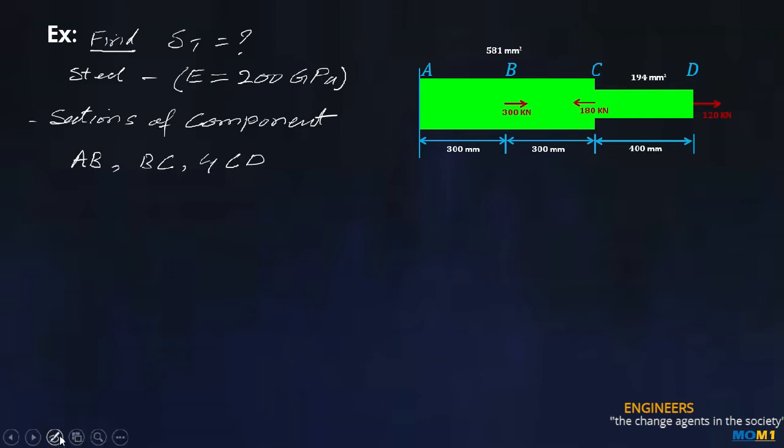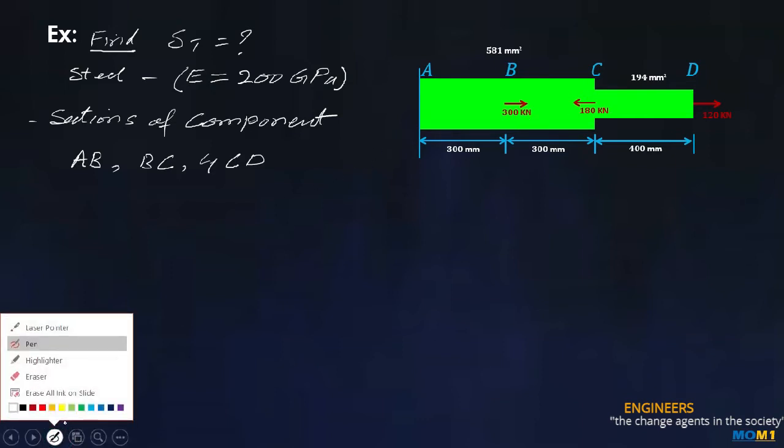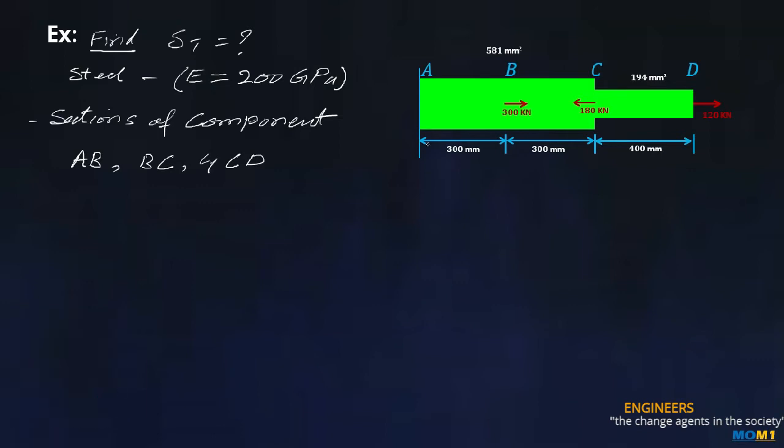We have divided this component into these sections, and for ease of computation we are labeling section AB with 1, section BC with 2 and section CD with 3.